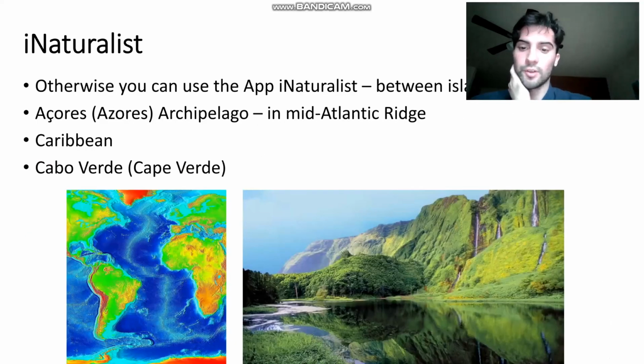So if you don't want to go outside, and again you're adults, so it's up to you to evaluate the risk and to make your decisions, you can use iNaturalist and do an exercise for comparing diversity between islands.